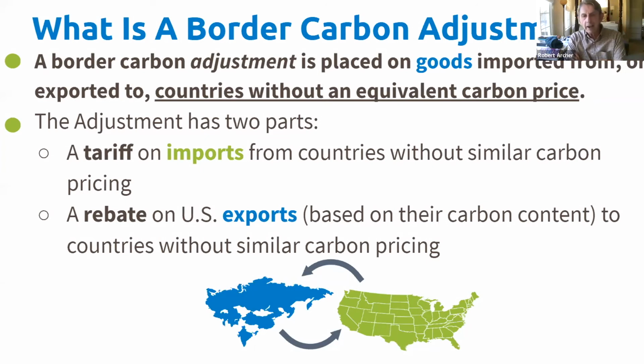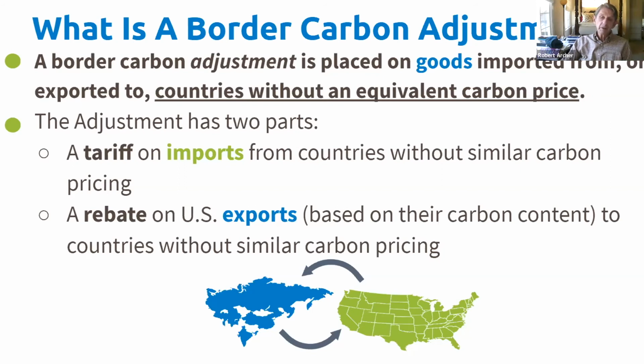Let's use the actual US and European cases as our example. The EU plans to implement a BCA, a border carbon adjustment, in 2023 through 2026. Right now, the EU has a carbon price of around $90 a ton, and the US doesn't. So US firms don't pay any carbon fee and have an unfair advantage over European competitors who pay that fee.